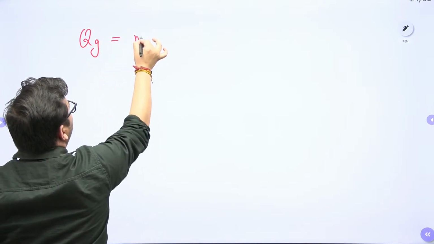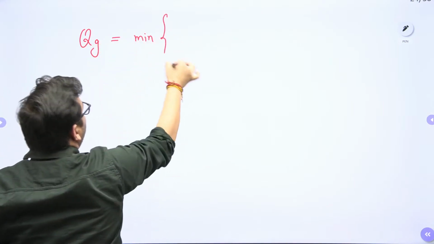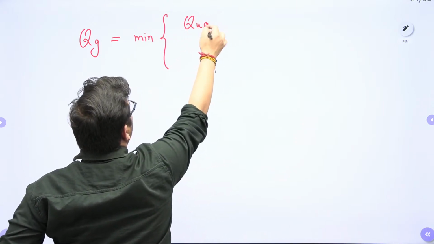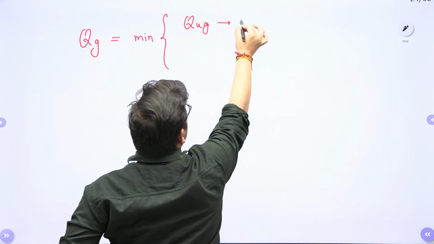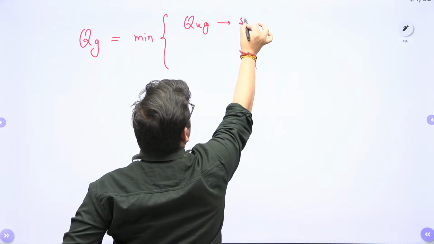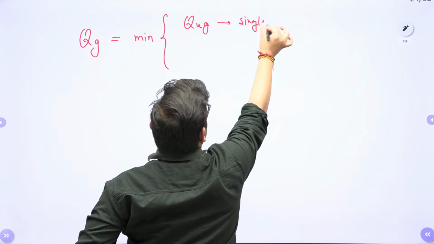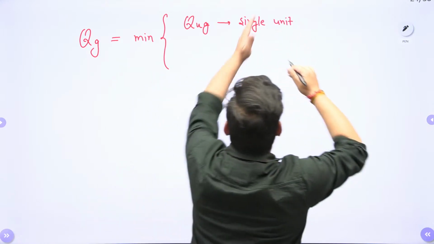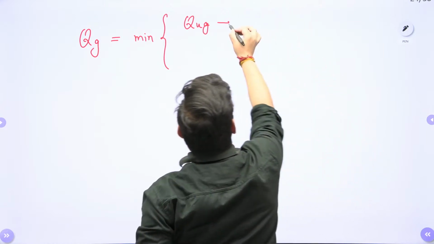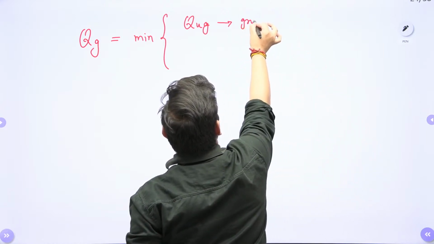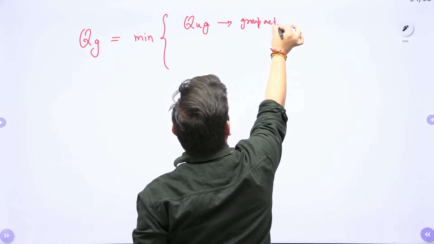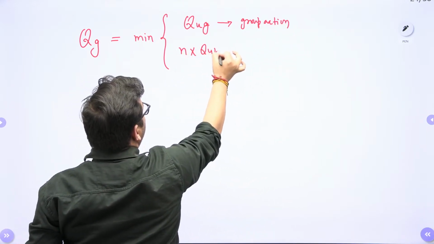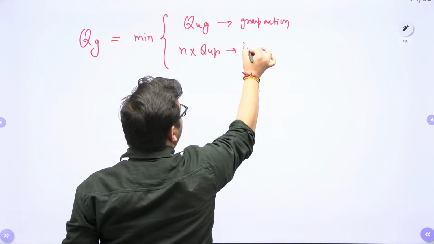It will be the minimum of the ultimate load carrying capacity of a group when it is taken as a single unit, or you can also call it group action, and n times QUP when you are taking it as individual piles, or individual action.